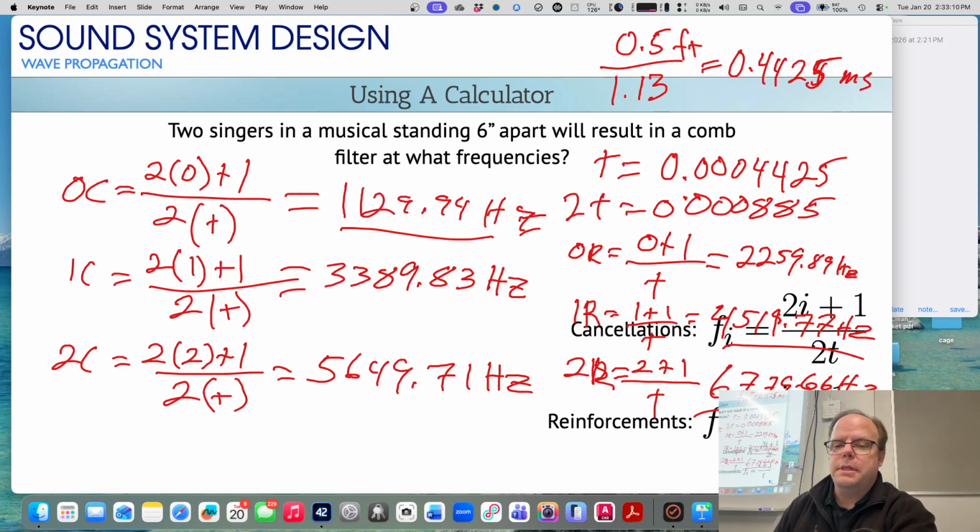Take that number, times it by 6, you get the third reinforcement. The first cancellation is where you start from, so that's always your favorite number. First cancellation times 2 gets you the first reinforcement. First cancellation times 3 gets you the second cancellation. First cancellation times 4 gets you the second reinforcement.